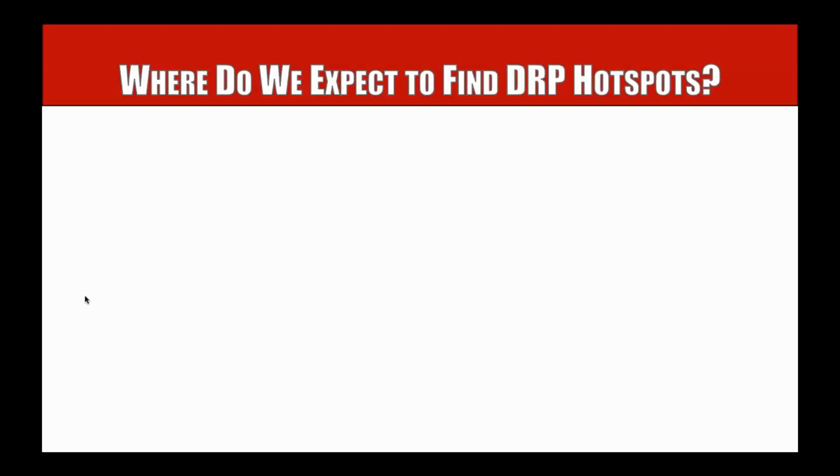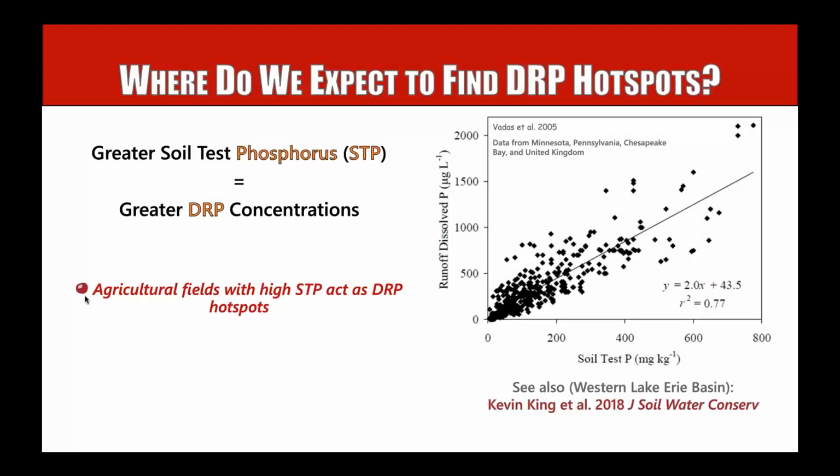So we know that these spots are out there. The question is, where do we expect to find these DRP hotspots, if you will, or spots that disproportionately lose larger amounts of phosphorus? Luckily, there's been some previous work done that has looked at the relationship between soil test phosphorus, and I'm going to use this term a lot, so that simply means the amount of phosphorus that's in the soil, and how that relates to DRP concentrations of runoff.